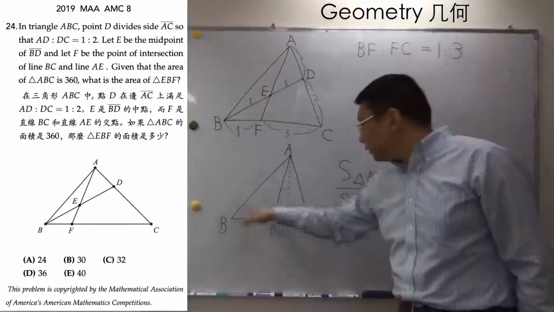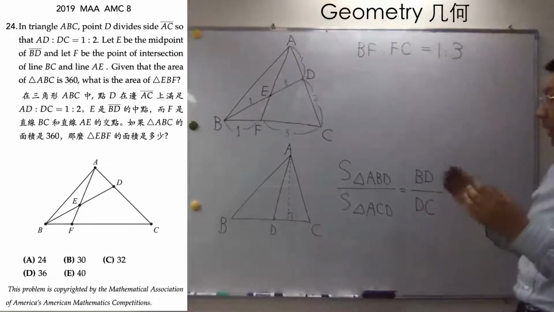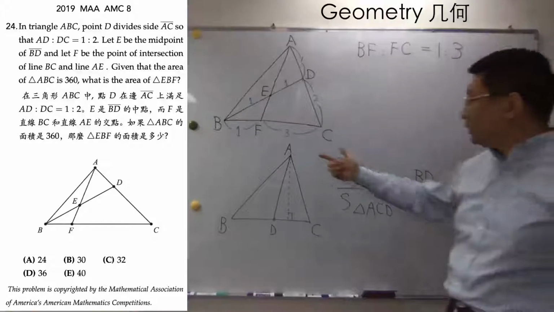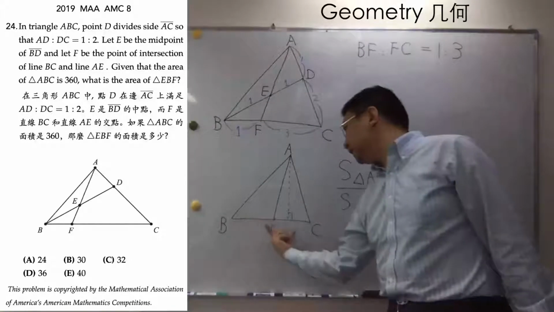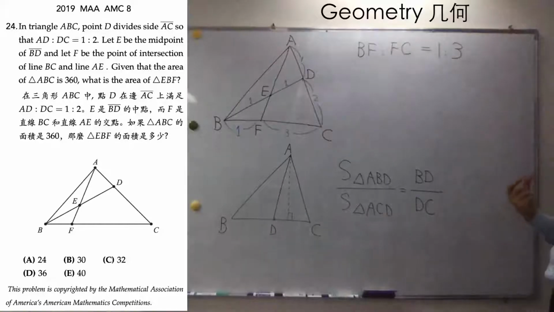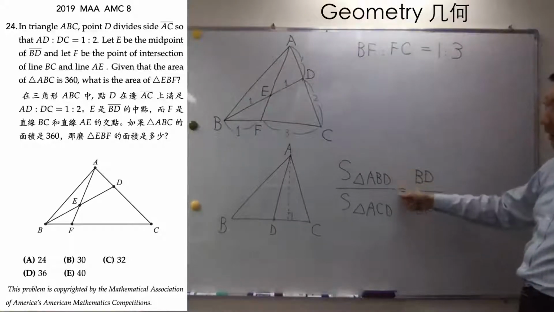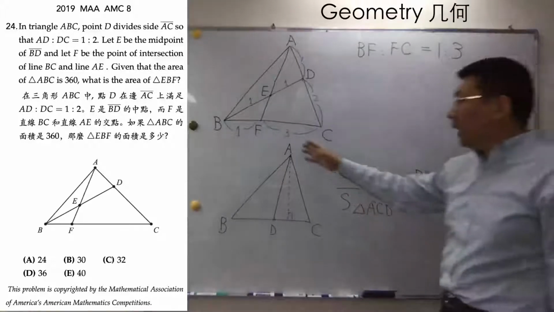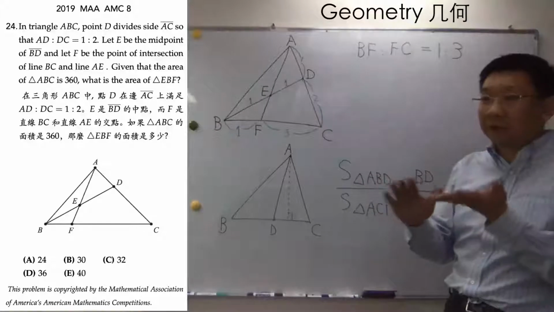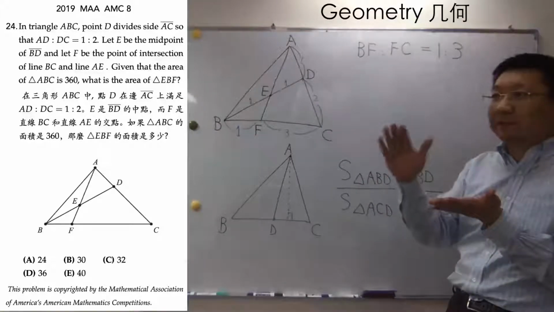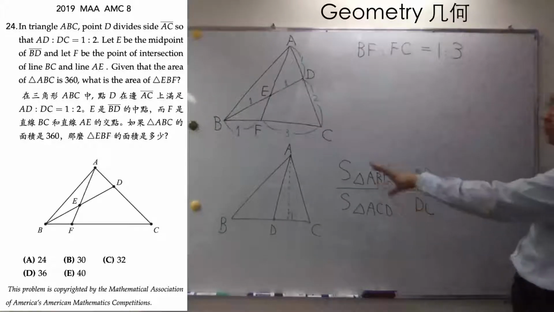Then these two small triangles, ABD and ADC, share the same height, but they have different bases, BD and DC respectively. If we want to know the ratio of the two areas, given that they have the common height, remember the area formula of a triangle is half times the base times the height, right? They have the same height.